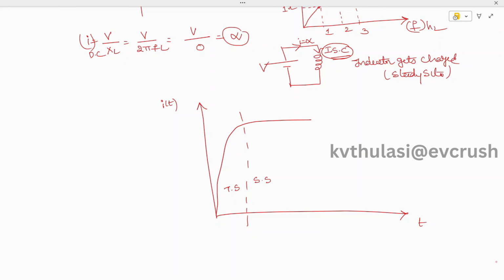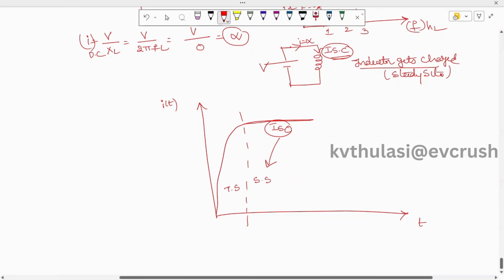So the inductor is slowly getting charged, and in the steady state it acts like a short circuit and gets fully charged. In the case of the transient state, you can understand better if you keep a switch here.